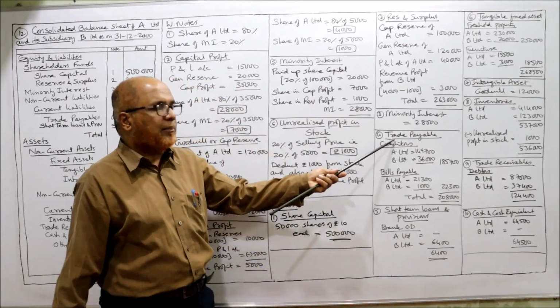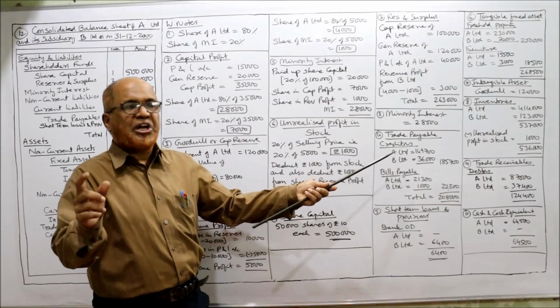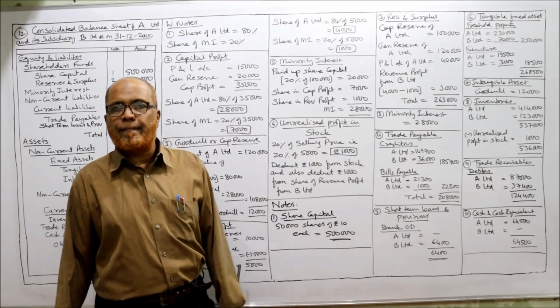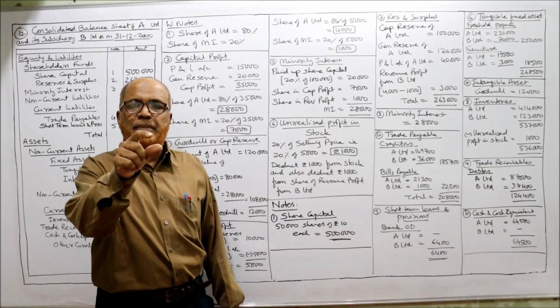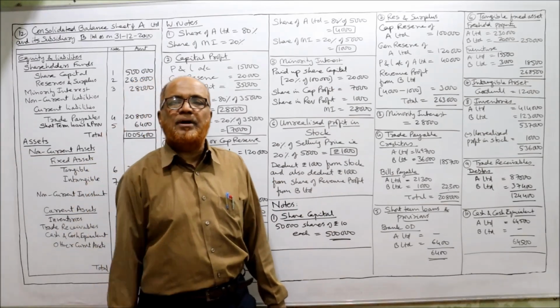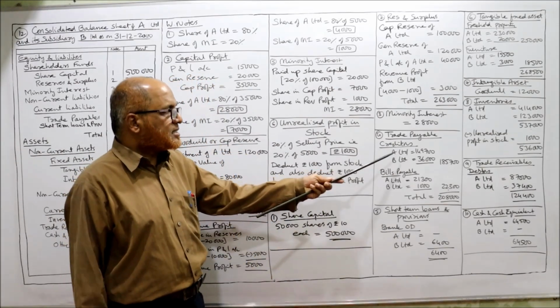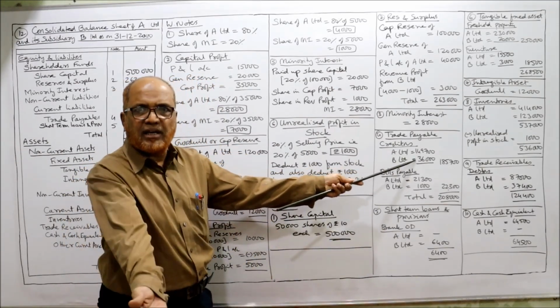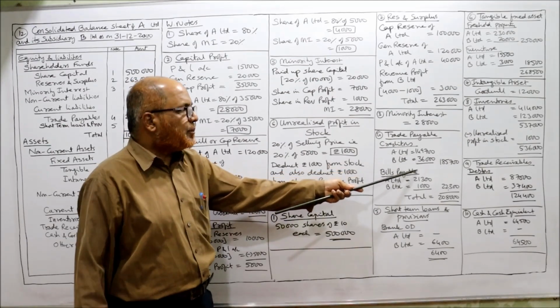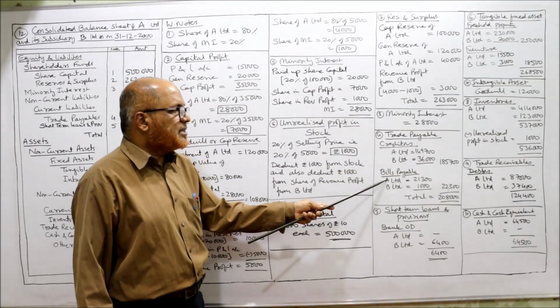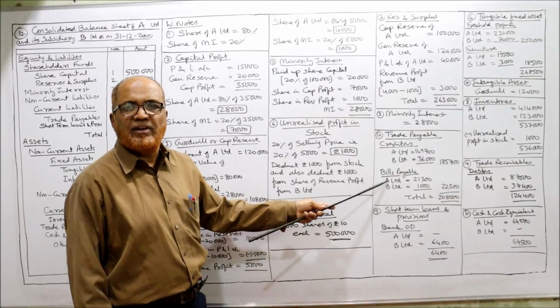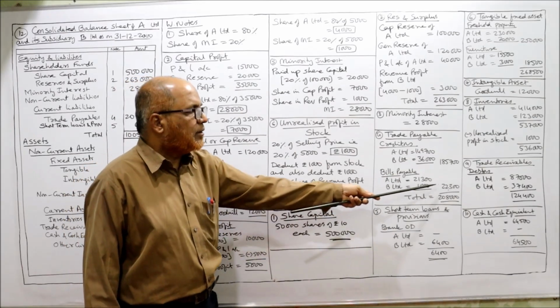Next comes trade payable. Trade payable consists of trade creditors and bills payable. Creditors and bills payable combined together will become trade payable. So creditors of A Limited and B Limited are both given in the balance sheet. We have simply added the creditors. Similarly bills payable are also given in the problem. Add up both the bills payable.